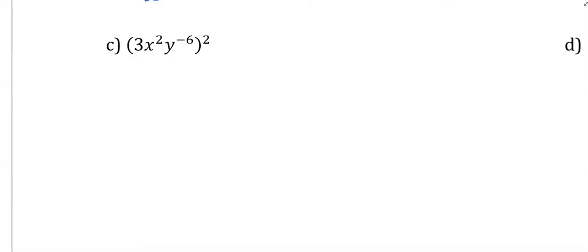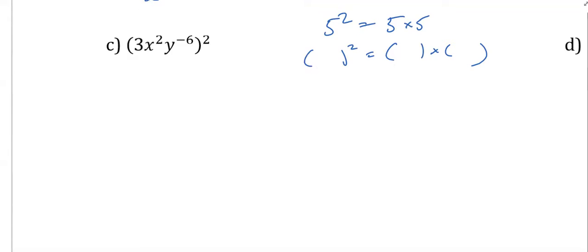So another way of thinking about this is 3x squared y to the negative 6 times 3x squared y to the negative 6. Don't forget, that's always what we're doing. And whether you think of it this way or you think of it the way that Ali said, which is like the 2 goes into everything inside, they're both going to get you to the same place.